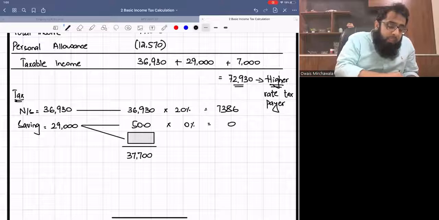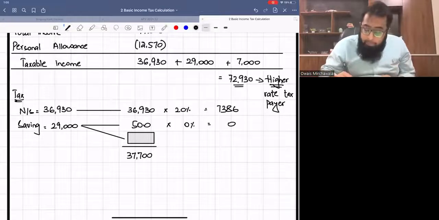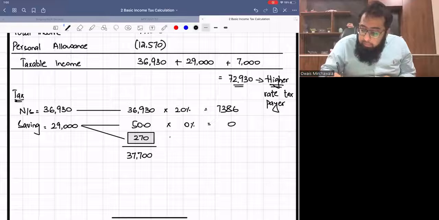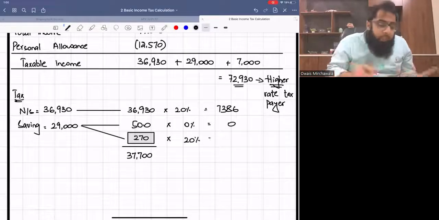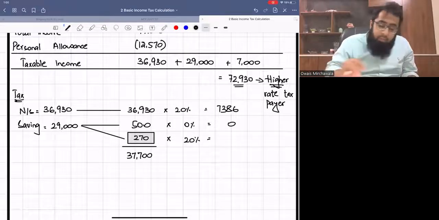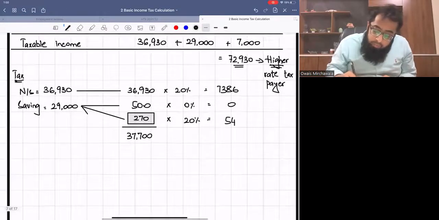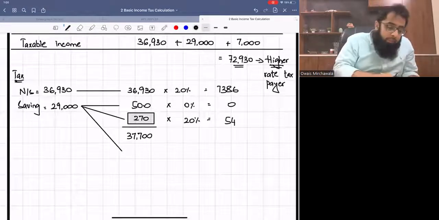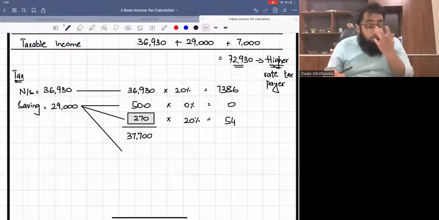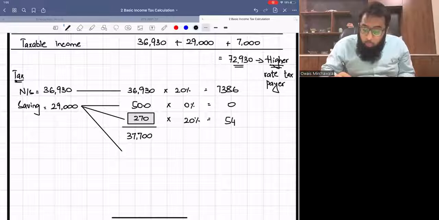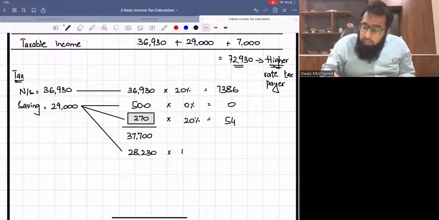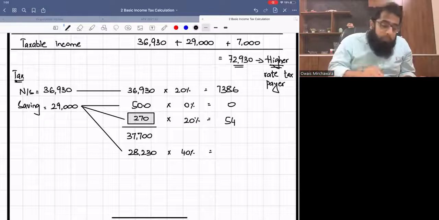How much gap is remaining? 36,930 and 500. 270 goes at 20%. So it's 54. How much saving income is remaining? 29,000 minus 500 minus 270. 28,230. Now the basic rate band is done.